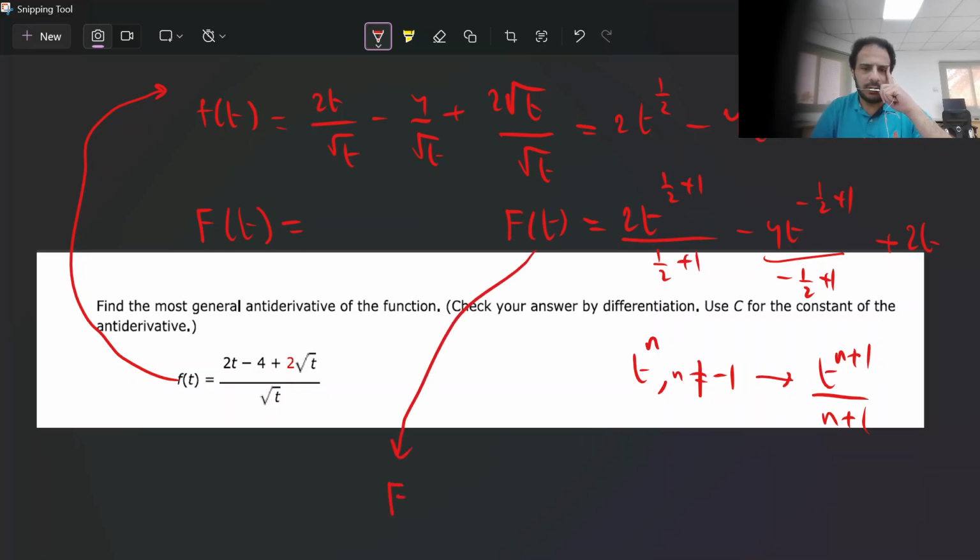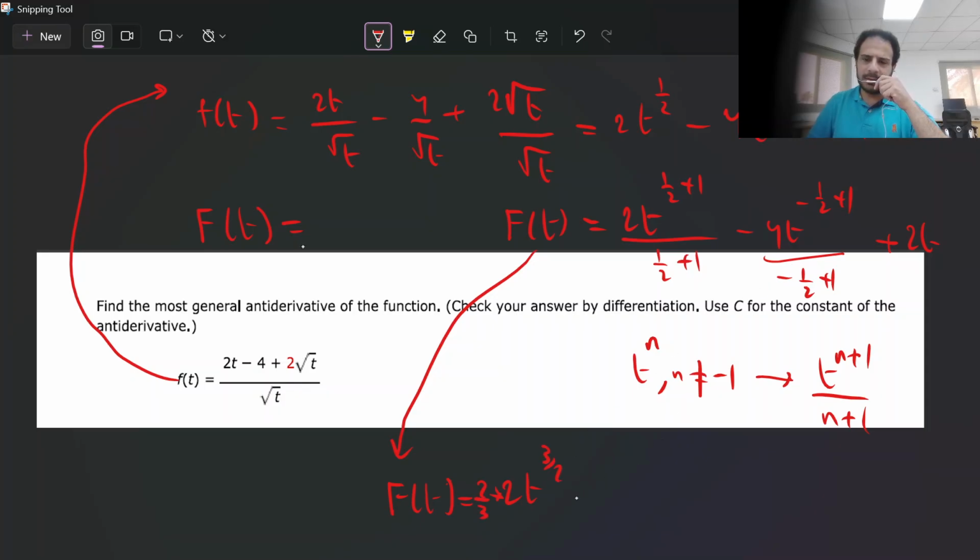Now it equals 1 plus half, 3 over 2, right? So you have 2t to 3 over 2, then you divide by 3 over 2, so you multiply by the reciprocal of this. So it's 2 times 2 over 3. So we have 2 over 3 here, and here 3 over 2.